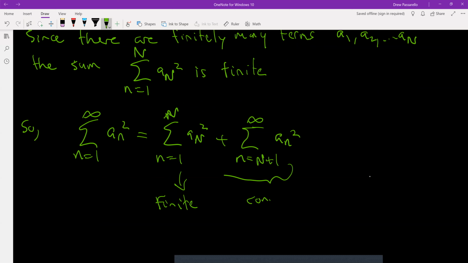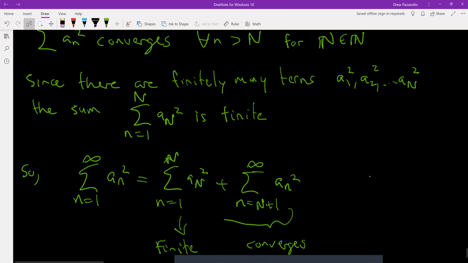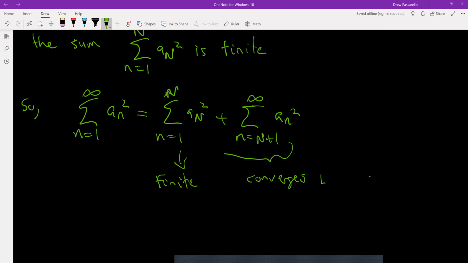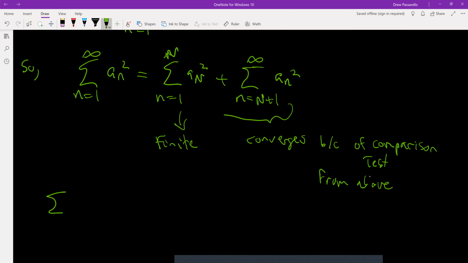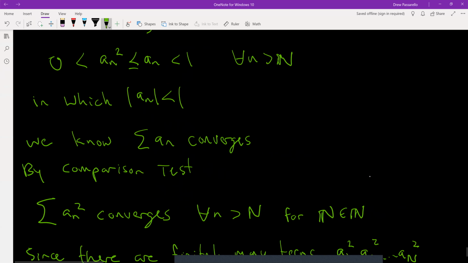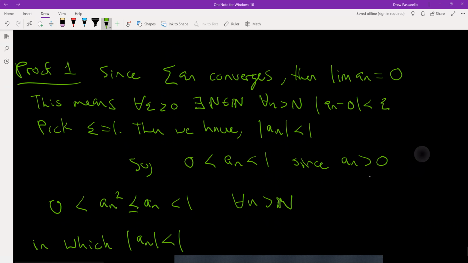That converges because we used the comparison test with a_n. So because of the comparison test from above, this is finite then. So the whole thing converges.